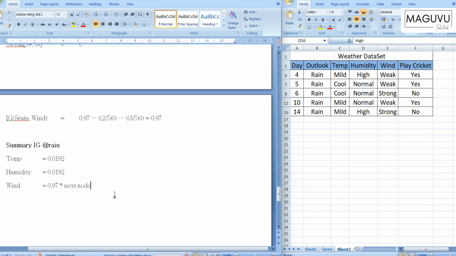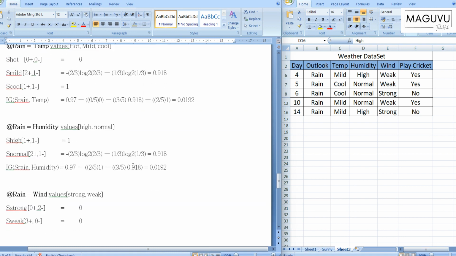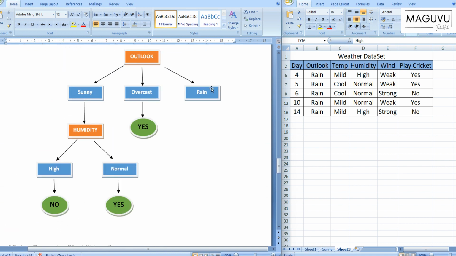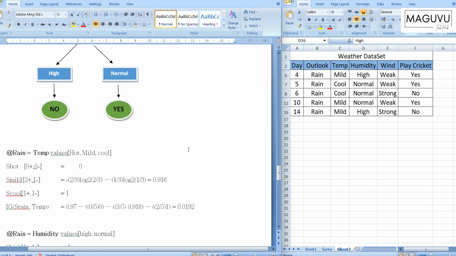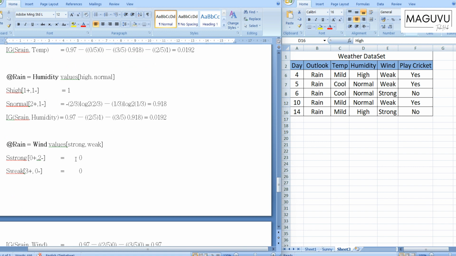So we then want to go to our decision tree and draw it by saying at wind, if we go up, coming from rain, our next node here is going to be wind. Whilst we are at rain, let's consider the results of calculating entropy of wind.